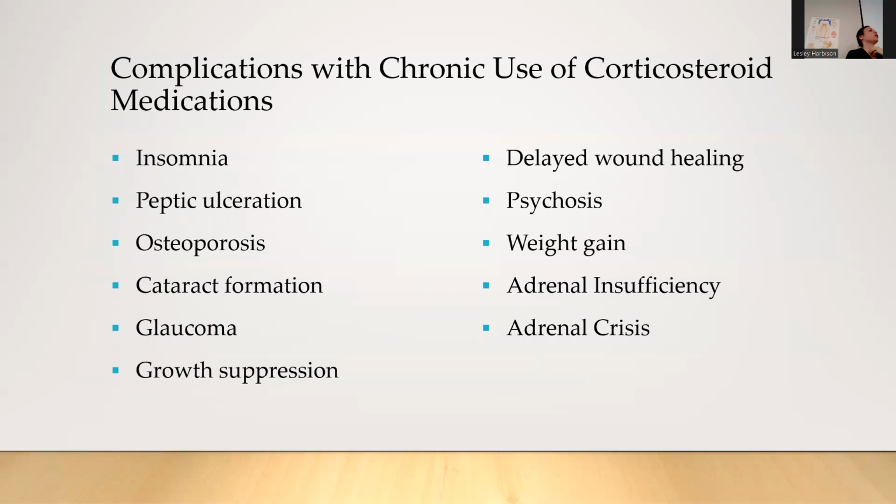Then if they're in a situation where they really need cortisol, like a high stress situation, which is what cortisol does in our bodies, it helps us deal with high stress, fear, pain, but their body has sort of shut it off because of the long-term use of the corticosteroid, then they can go into adrenal crisis, which could be deadly. It's super serious. So that's a category of somebody who's been on maybe high dose long-term corticosteroids.